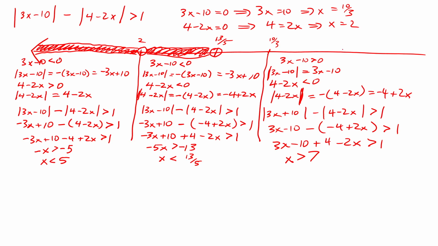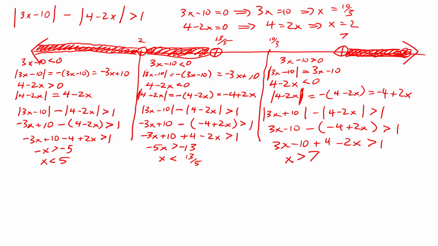So we're going to shade in all values of x greater than 7 that are in the current interval. Now those values of x which are greater than 10/3 and also greater than 7 are all values greater than 7. So we're going to shade that in like that.